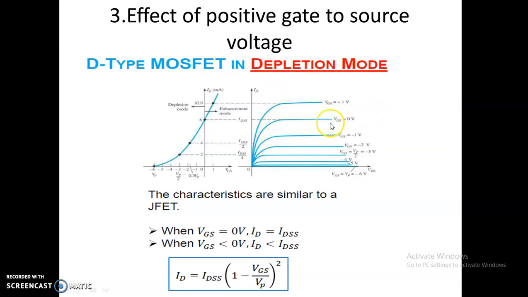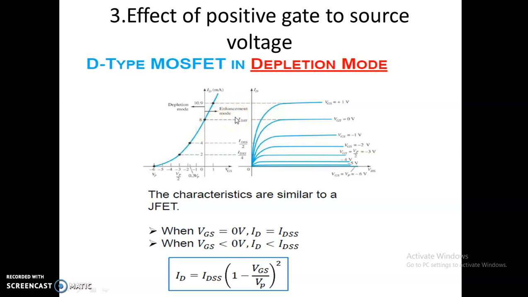From the figure you can see, with increasing VGS to more positive values, the current is increasing. This rise in drain current is very rapid. The number of free electrons has been enhanced due to the application of positive gate voltage. From the figure you can see this is the depletion mode and this is the enhancement mode. Therefore, the region of operation corresponding to positive gate voltage is known as the enhancement region or enhancement mode.